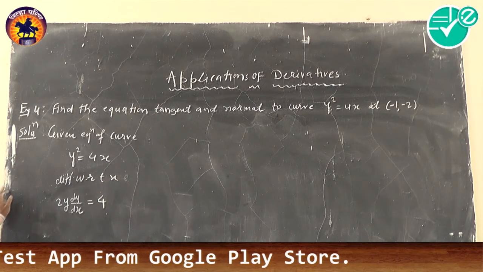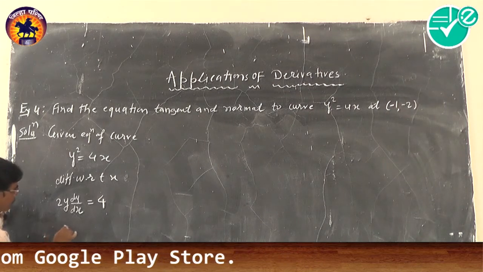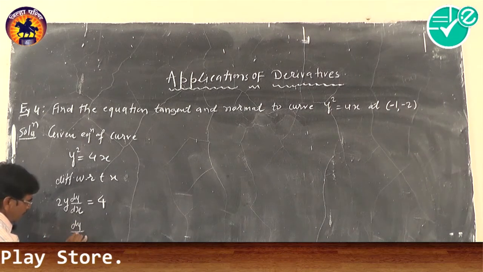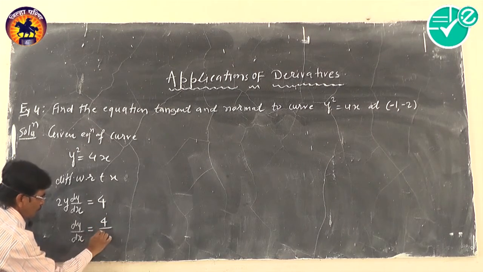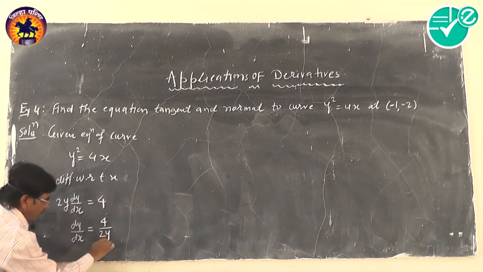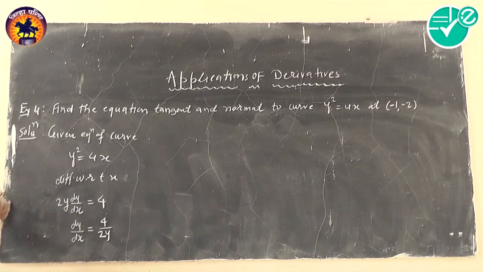So 2y dy by dx is equal to 4, therefore dy by dx is equal to 4 upon 2y.